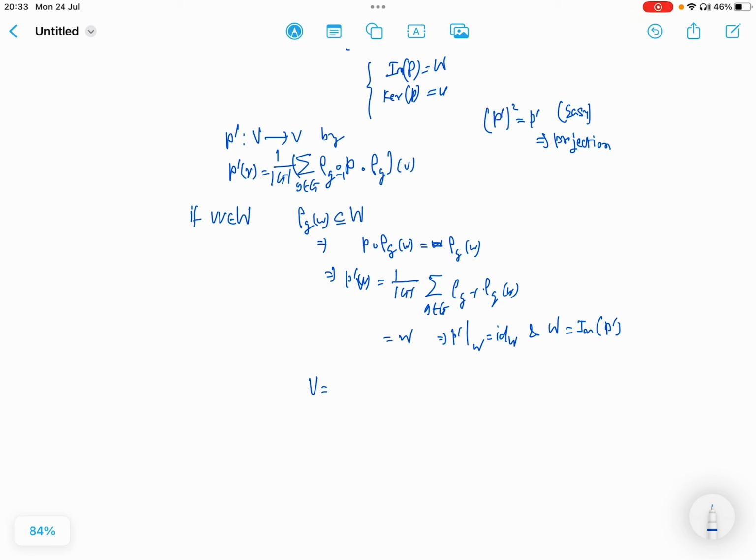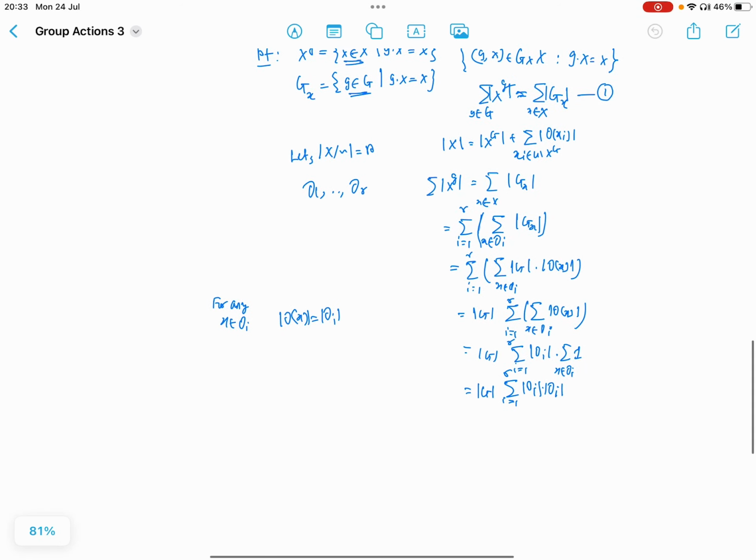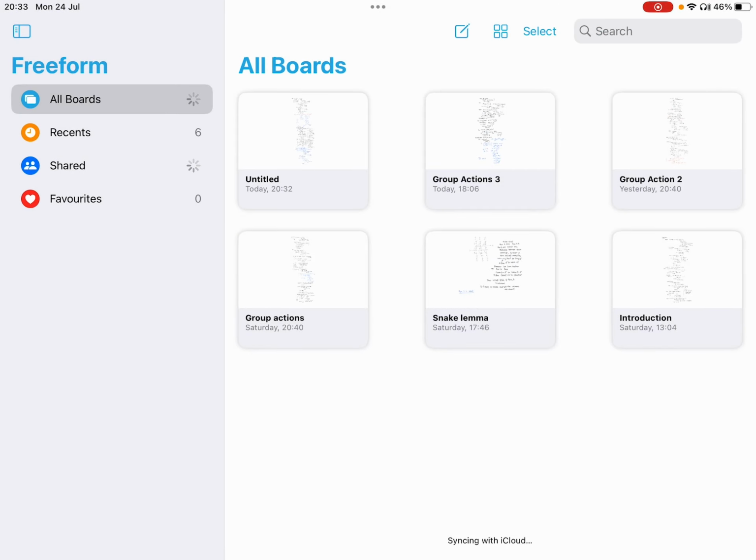And so then you get that V has a decomposition of the image of P prime, which is W, and the kernel of P prime. So let me just call W prime to be the kernel of P prime.